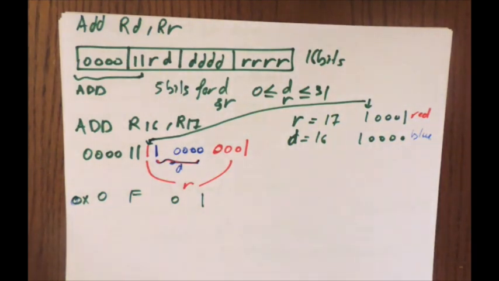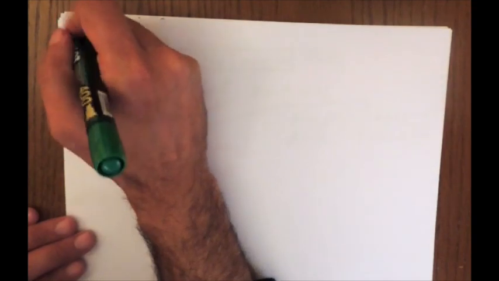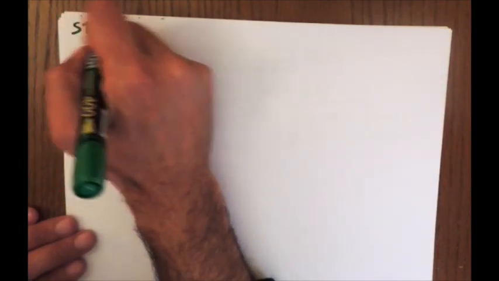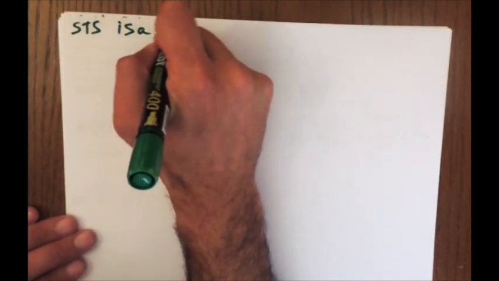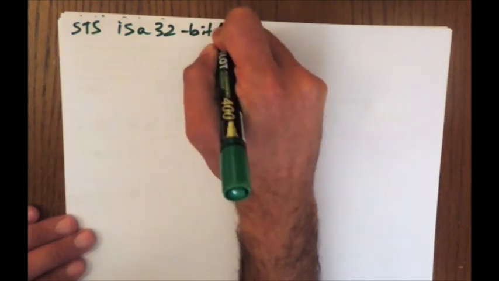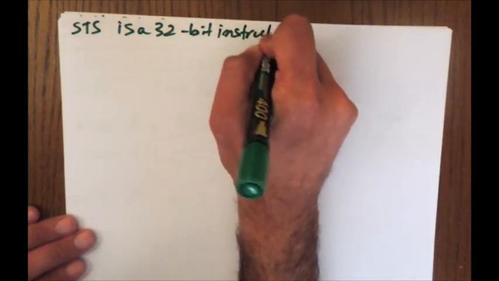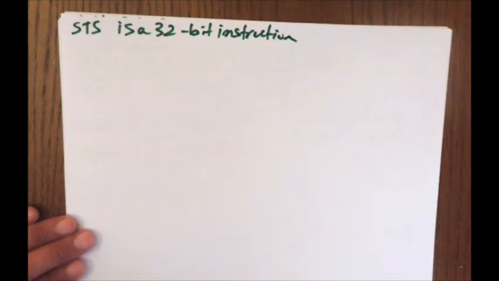Now let's talk about a different type of instructions, which are the SDS and the LDS. The previous instructions were 16 bits. SDS is a 32-bit instruction, which means it takes 2 places in memory.